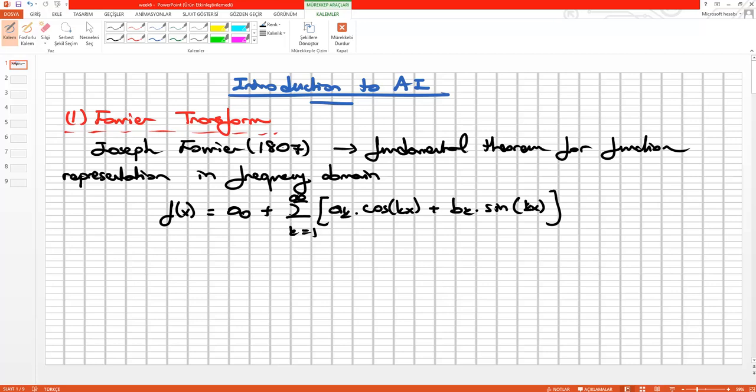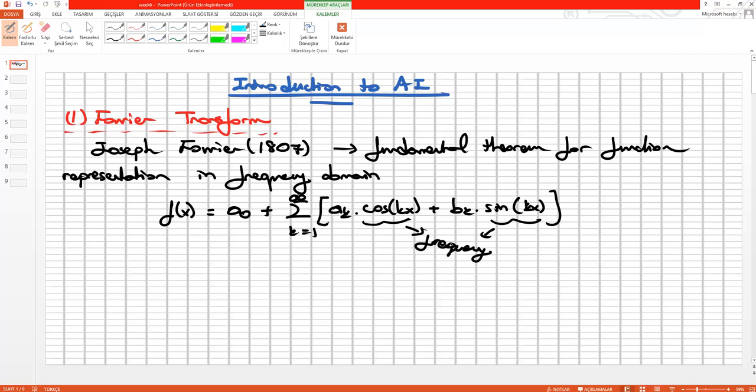And so any function can be modeled by using an infinite series of cosines and sines. What's the importance of the cosines and sines? These components create the frequency characteristics, right?